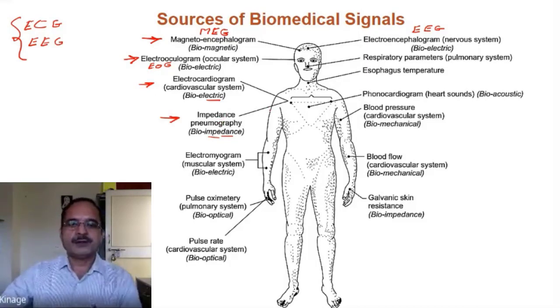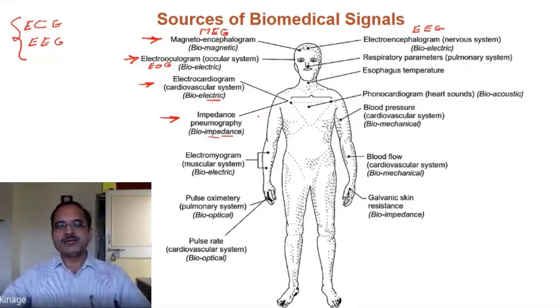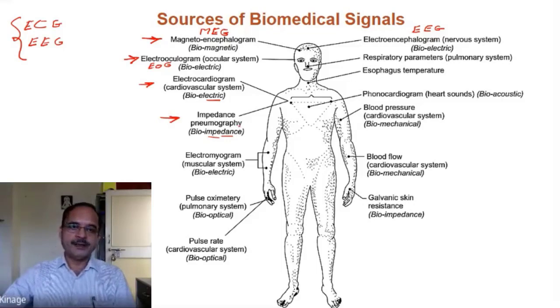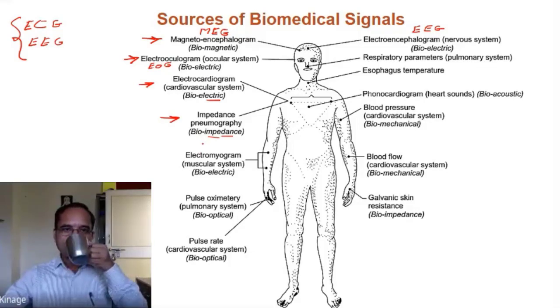There are some equipments which measure the impedance, and from this measurement of the impedance, some information about the air which is entering the body and the air which is leaving the body, that means the volume, can be estimated. So that is called impedance pneumography.